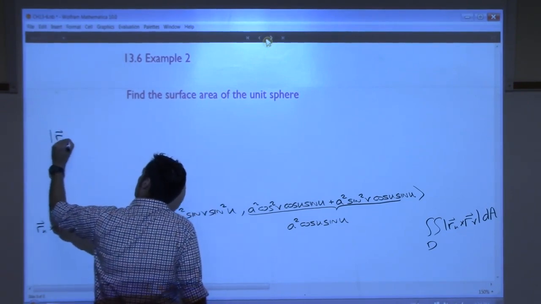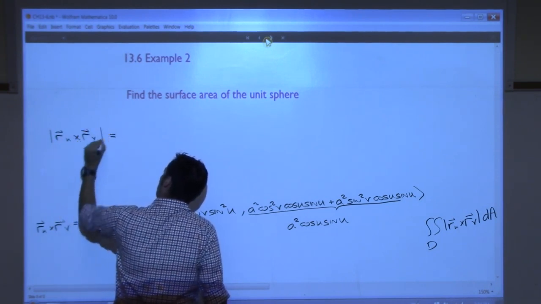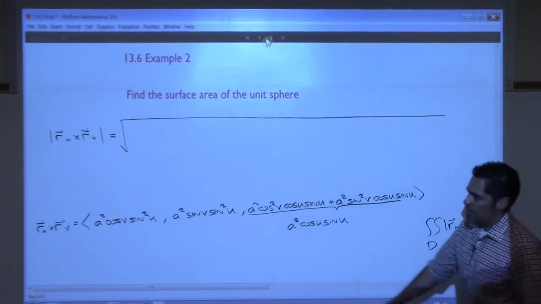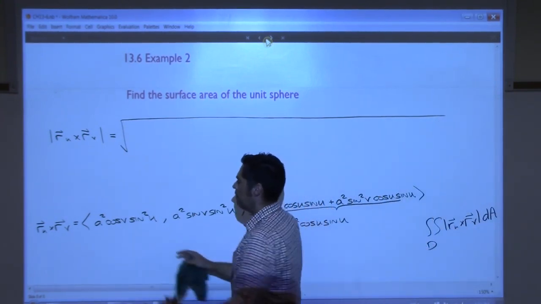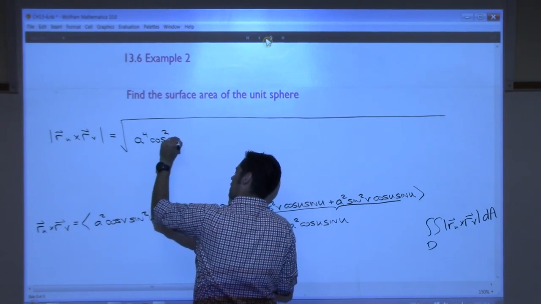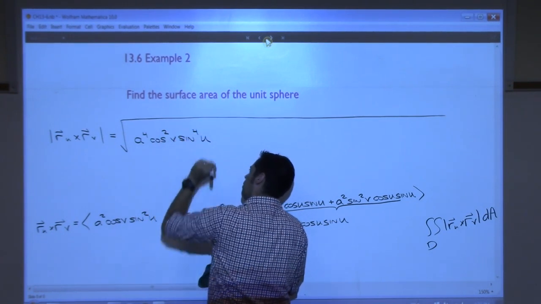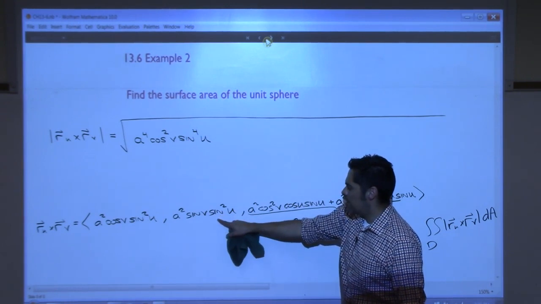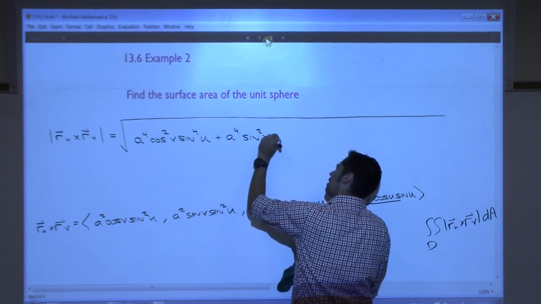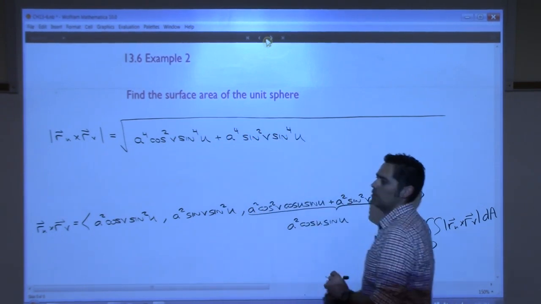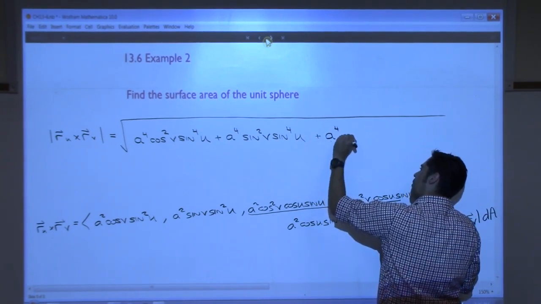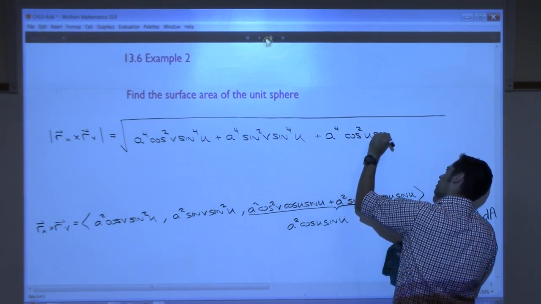The magnitude of this will be square root of, okay, when I square this, I get a to the 4th cosine squared v sine to the 4th u. When I square this, I get plus a to the 4th sine squared v sine to the 4th u. And then when I square this, I get plus a to the 4th cosine squared u sine squared u.